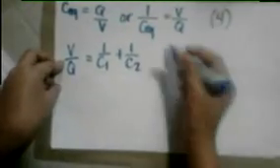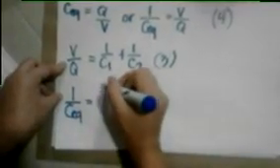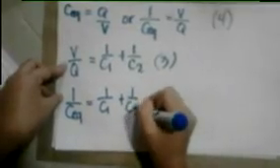Now, combining equation 3, which is V over Q equals 1 over C1 plus 1 over C2, with equation 4, we have 1 over C equivalent equals 1 over C1 plus 1 over C2.